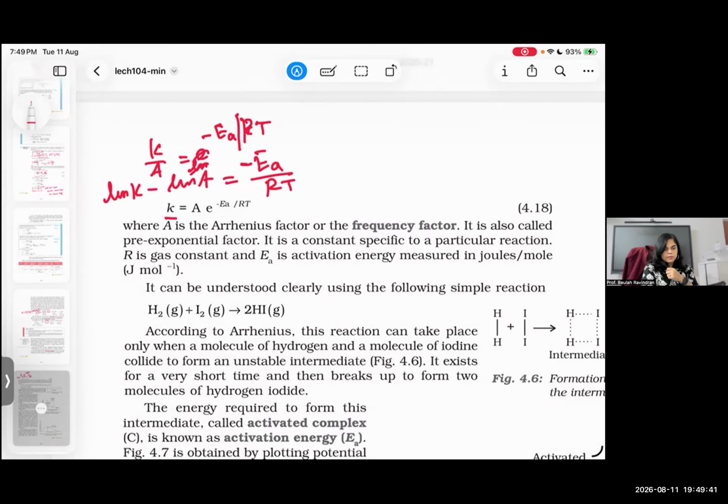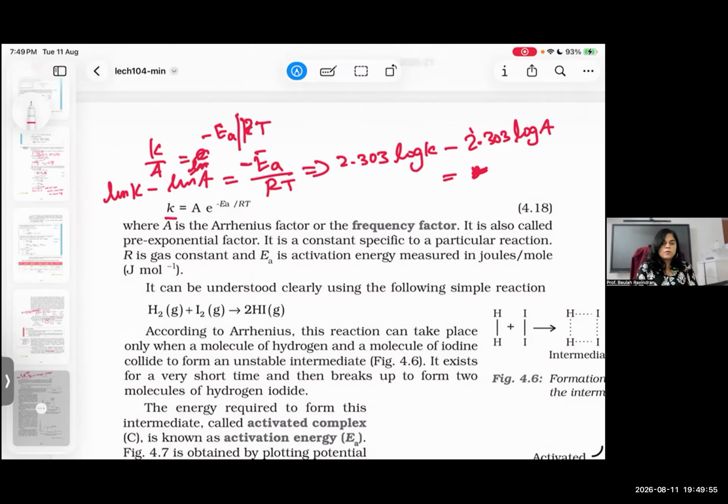2.303 log of k minus 2.303 log of A is equal to minus Ea by RT, so the whole thing is divided by 2.303.